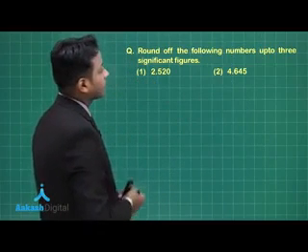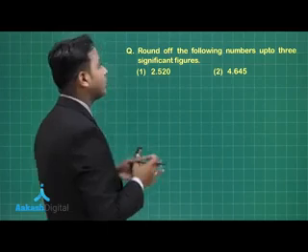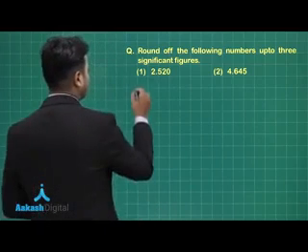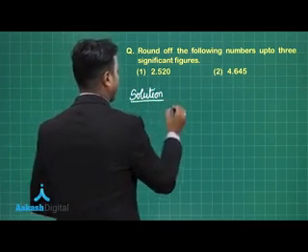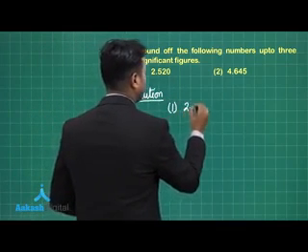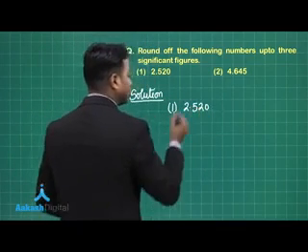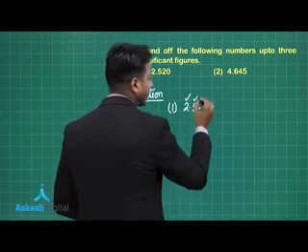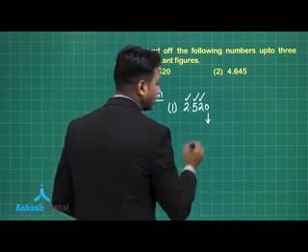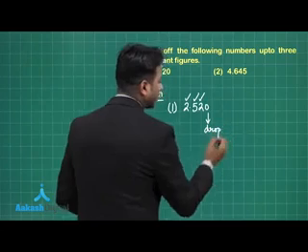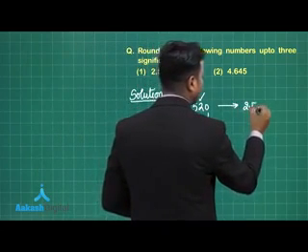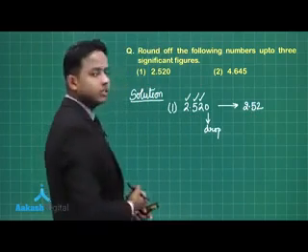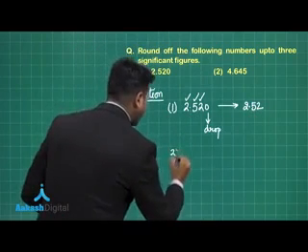Next question says, round off the following numbers up to 3 significant figures. So let's see each part one by one. We have the first as 2.520. So this is the first significant digit, this is second, this is third. We need to drop this now. Since it is a 0, I can simply drop it and this will reduce to 2.52. I hope this is clear. So the part 2 of the question.